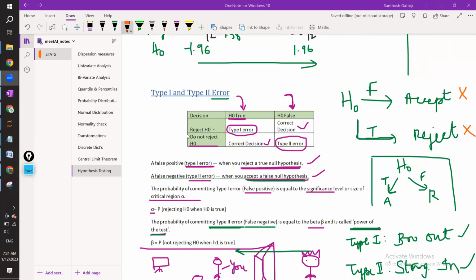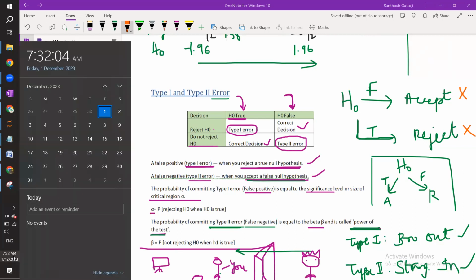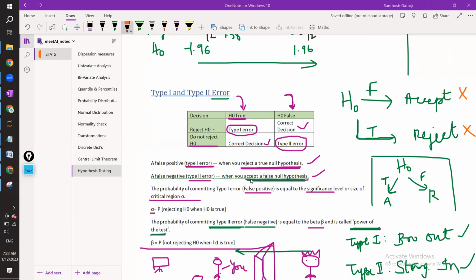Just in case, if possible, today or tomorrow in the evening time, can we take one more class, so that we can wrap up the statistics this week and start fresh? That's my idea, but it totally depends on you guys. If you are fine, we can do that. Sir, take today only, if you want.